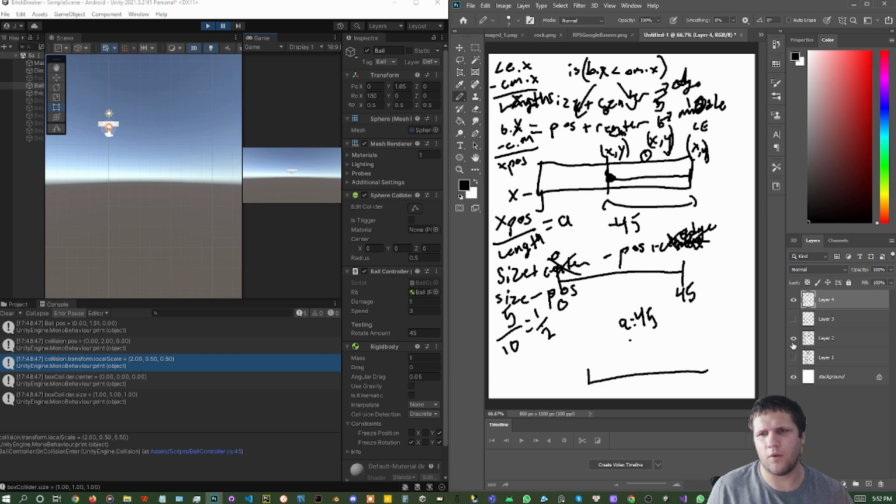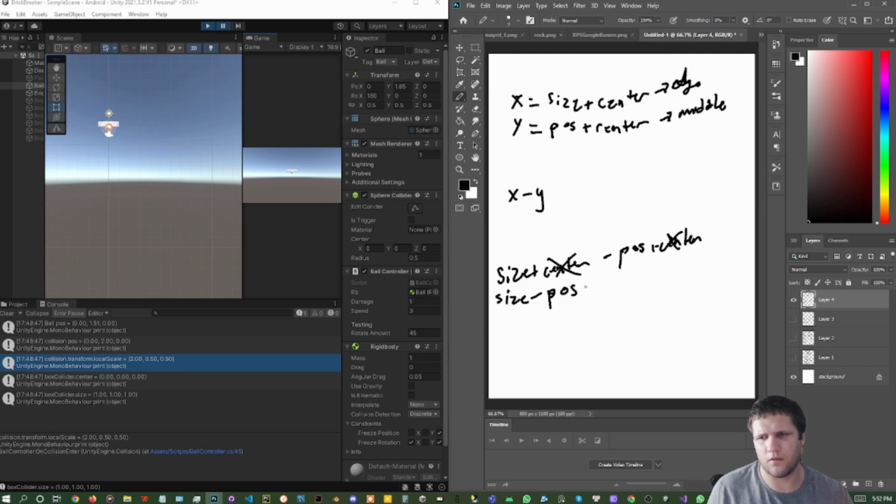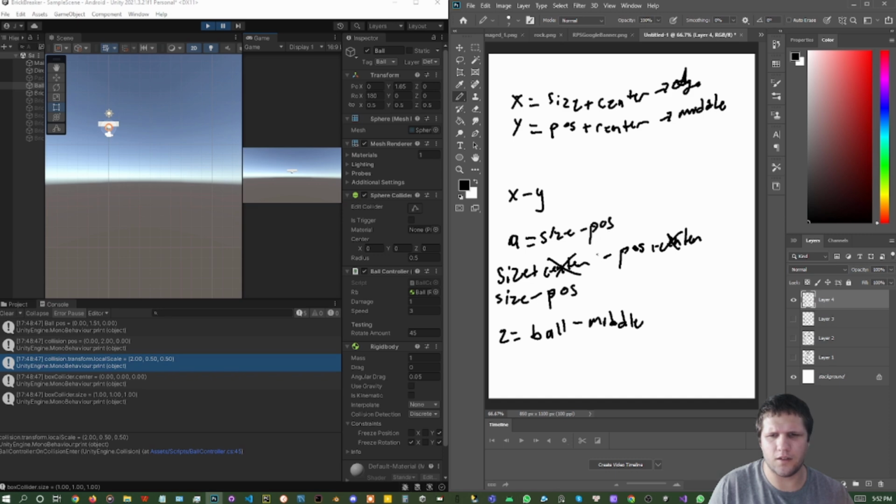And then we have the ball minus the middle. And so let's say z equals ball minus middle. I don't know, let's say a equals size minus position.